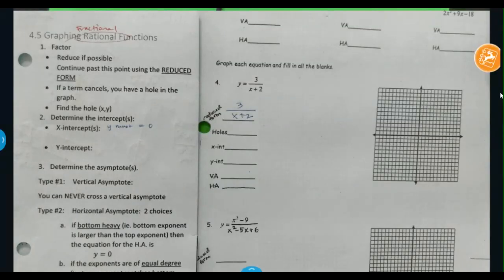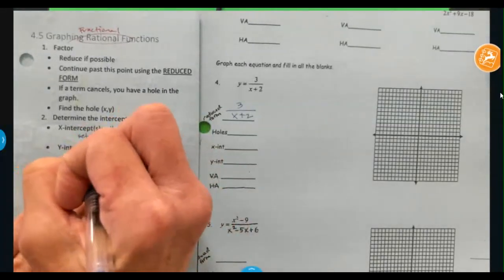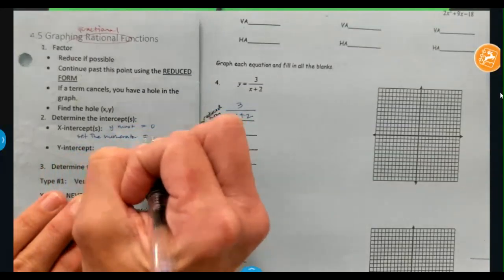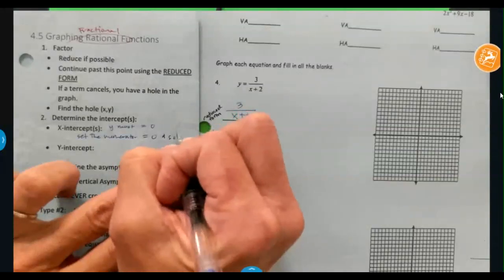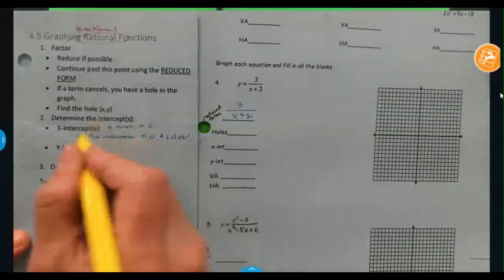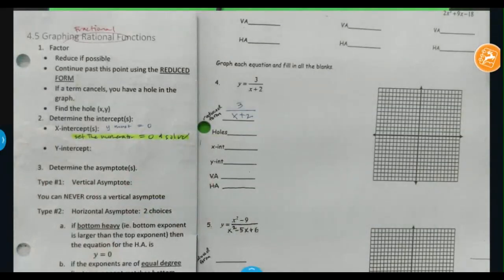All right, so y must equal 0 for the x-intercept. So what we're going to do is we're going to set the numerator equal to 0 and solve. The numerator is going to give us our x-intercept. Our numerator tells us where it crosses the x-axis.